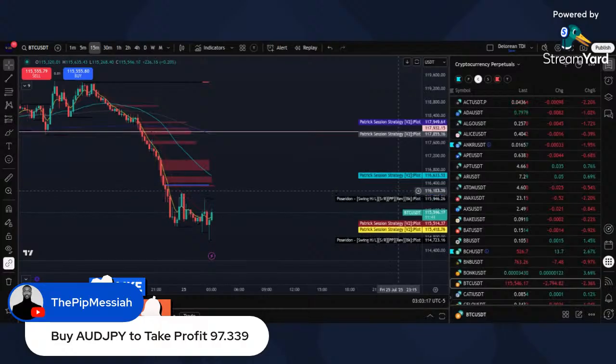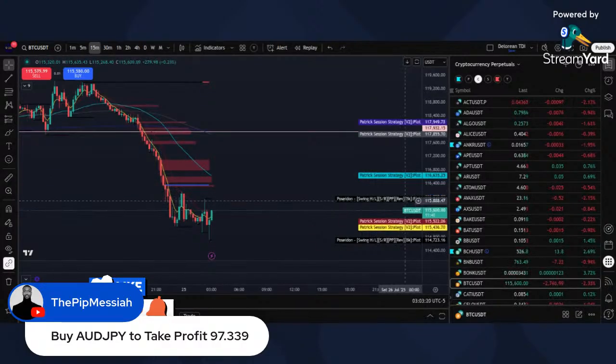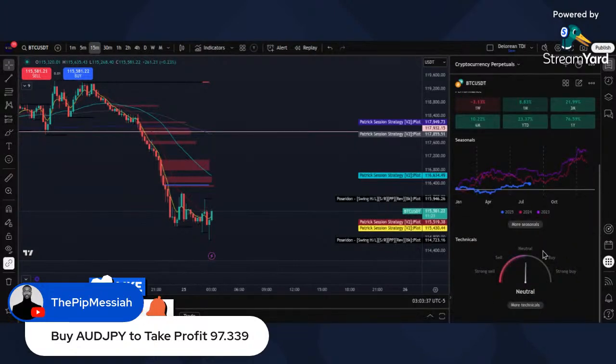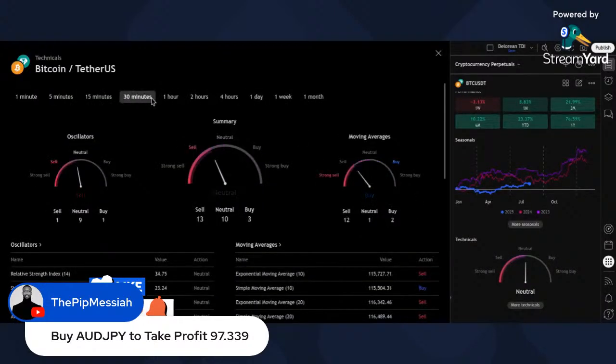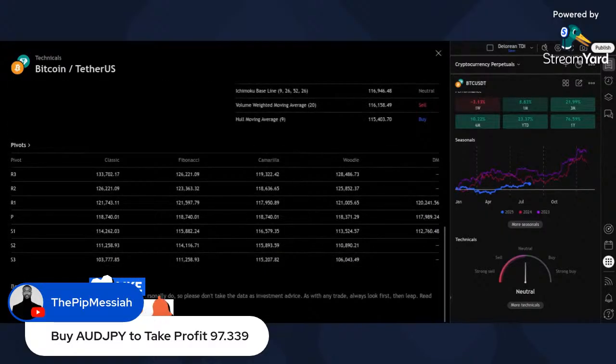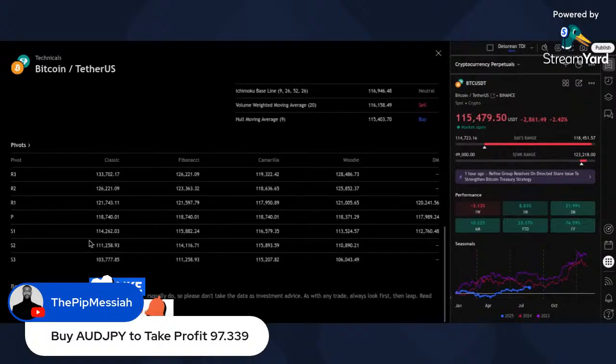But unless we're going to get a breakout, I don't think we're going to retrace upwards too far. 115,505.